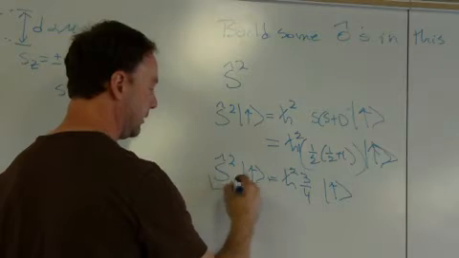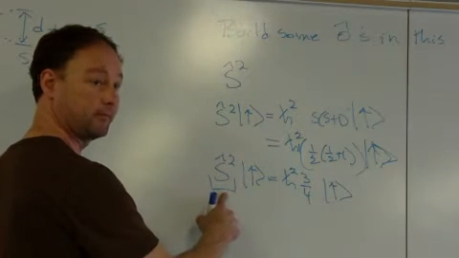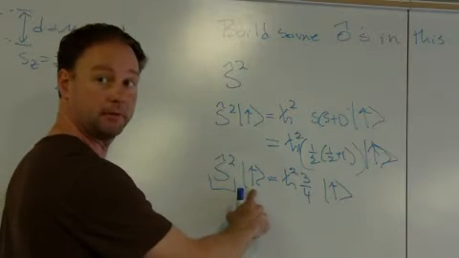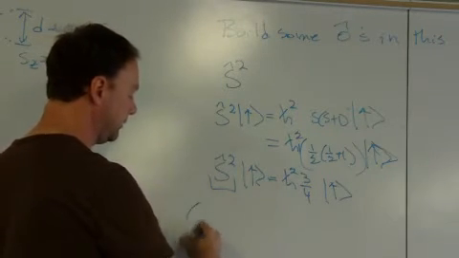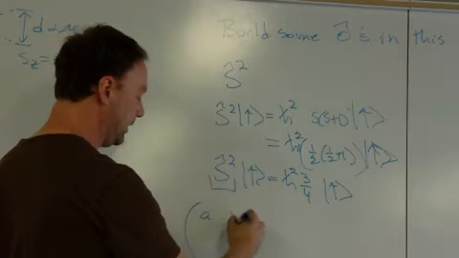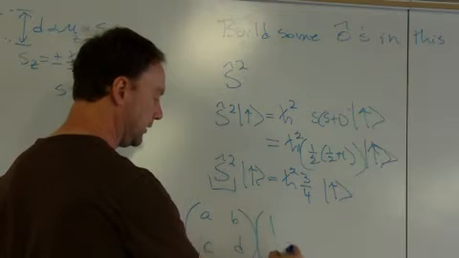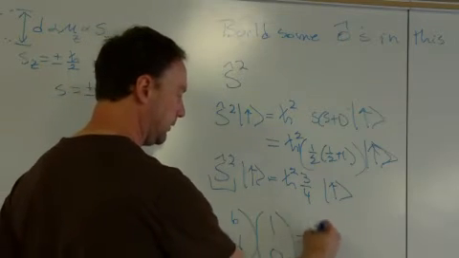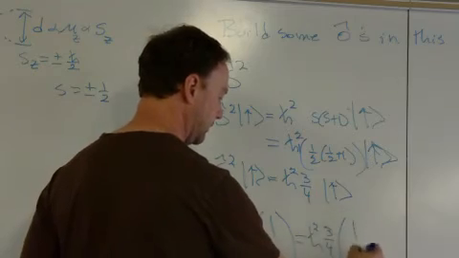Now let me rewrite this as an operator, because I want to find a matrix operator of this thing, because I know the matrix representation of up and down. So this becomes, let's say it's A, B, C, D times 1, 0 has to equal h bar squared 3 over 4 times 1, 0.